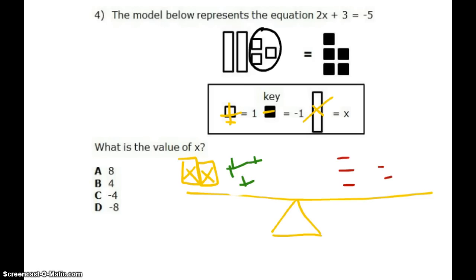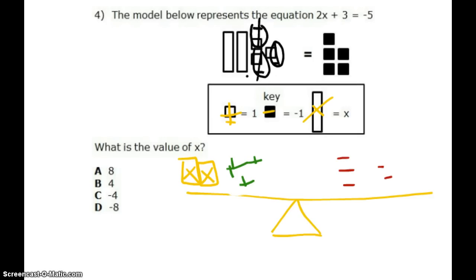Now, if I take off 3 positives over here, I also have to do the same thing over here because it's a balanced scale. But I don't have 3 positives to remove. I have 5 negatives. So the other way to remove positives is to zero them out with a negative. So I can take 3 negatives, zero those out. So I've zeroed that positive out, zeroed those out, and zeroed those out.